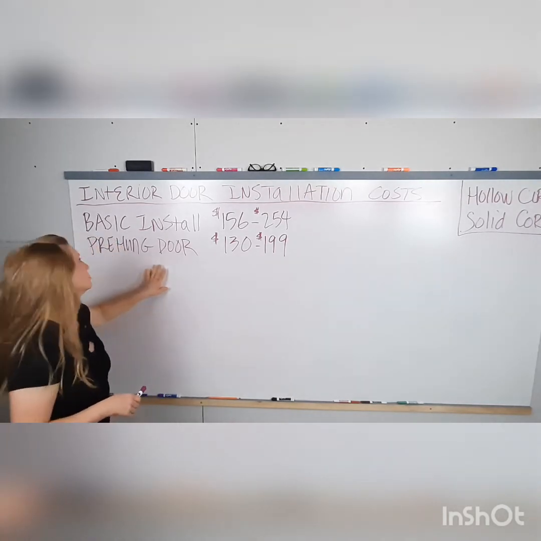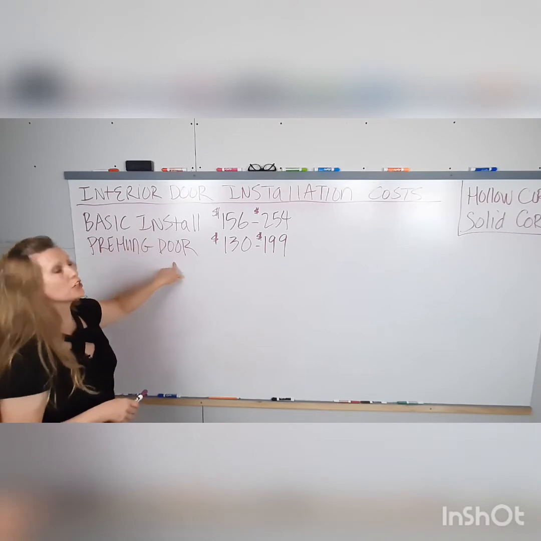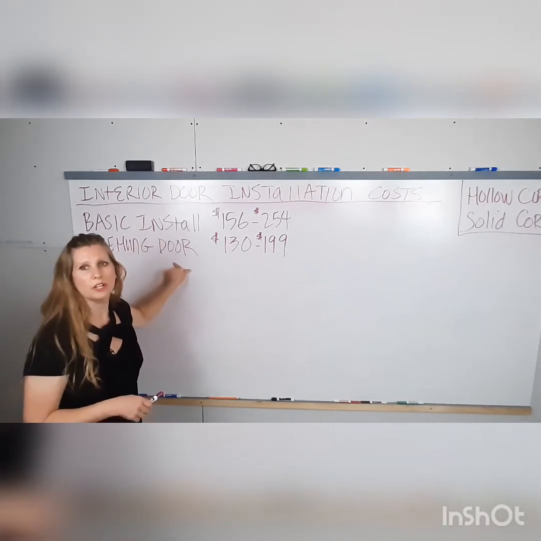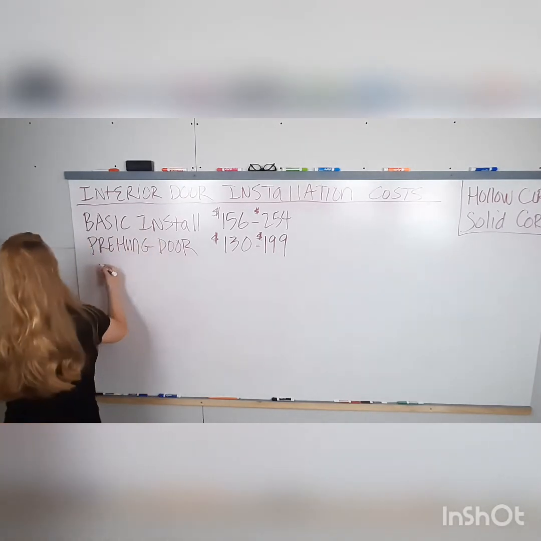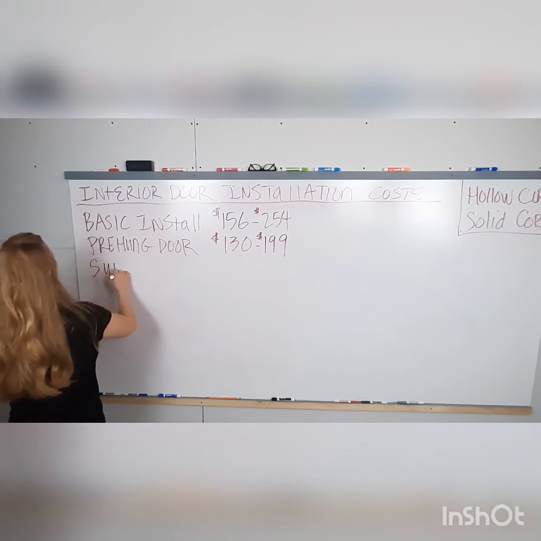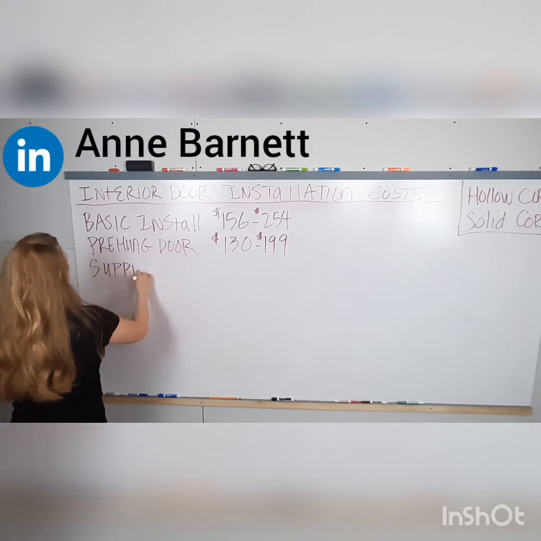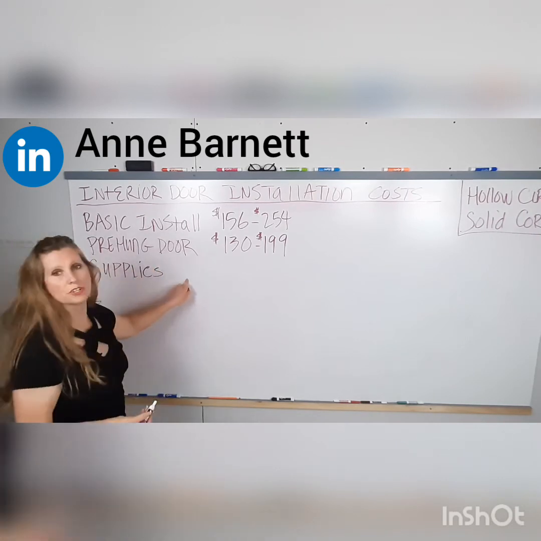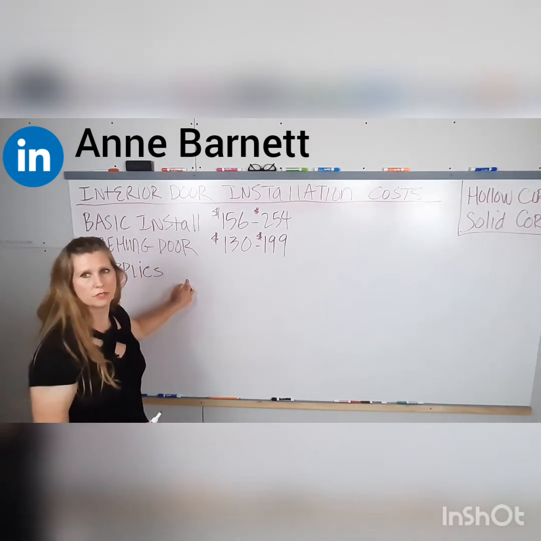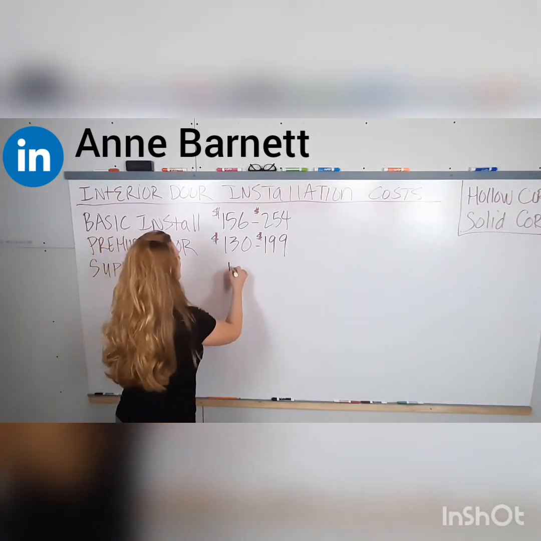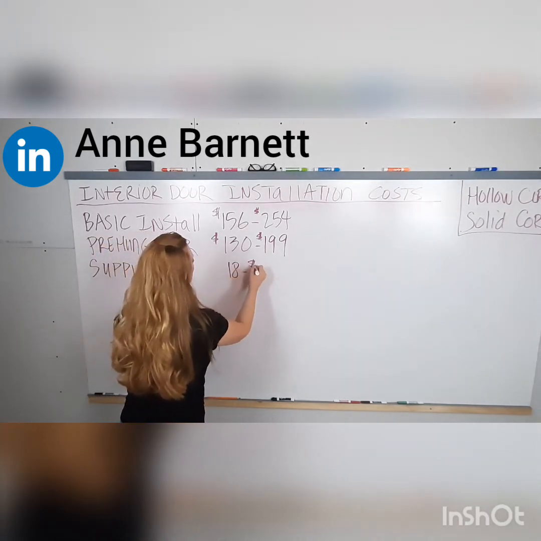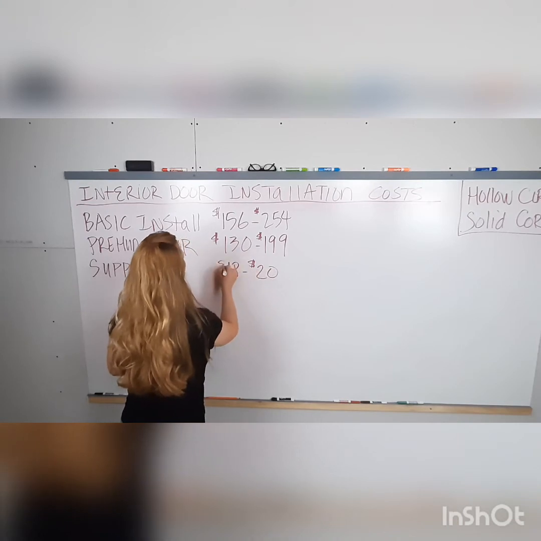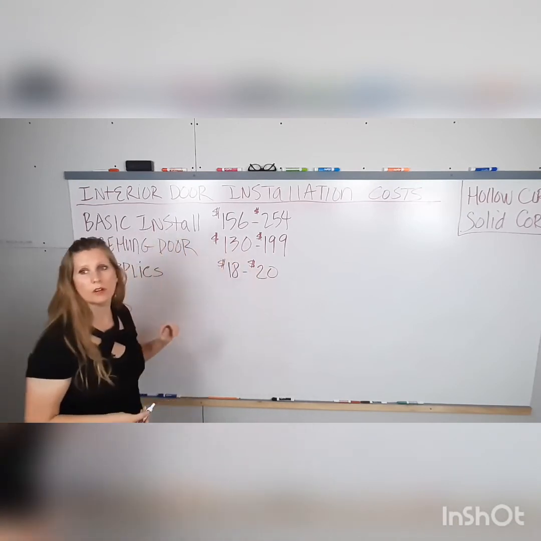Okay, so let's see, basic installation, we've got our door itself. Now you're gonna have, or the contractor will have, whoever installs, may have some supplies that they need to purchase. And the site says that's going to be anywhere between $18 and $20 per door, okay?